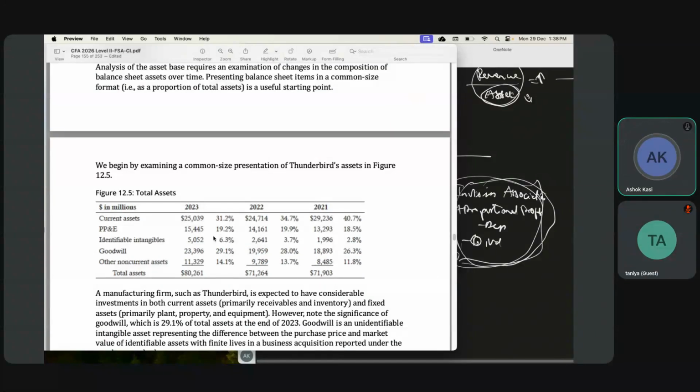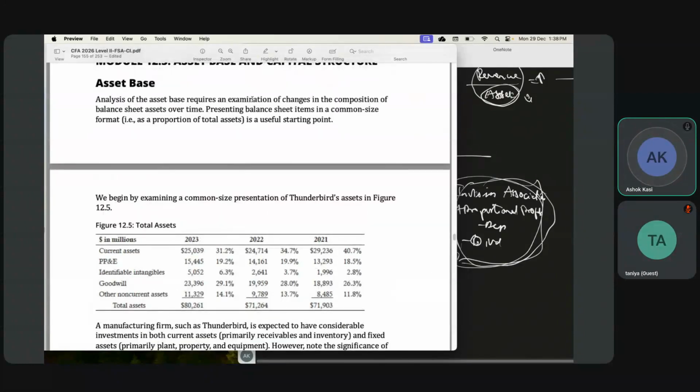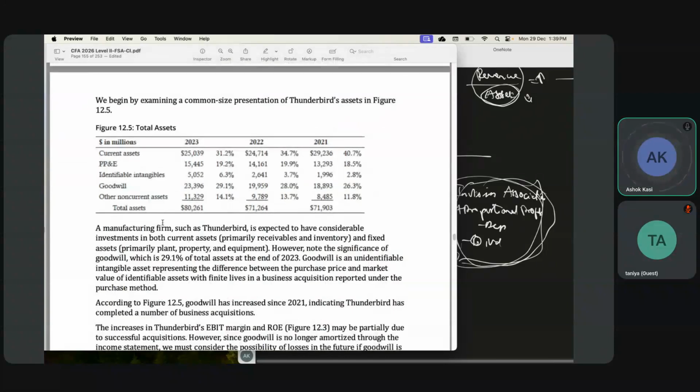So here, analysis of the asset base requires an examination of changes in the composition of balance sheet assets over time, presenting balance sheet items in a common size format. Common size presentation of Thunderbird's assets. Okay, these are all given conditions.